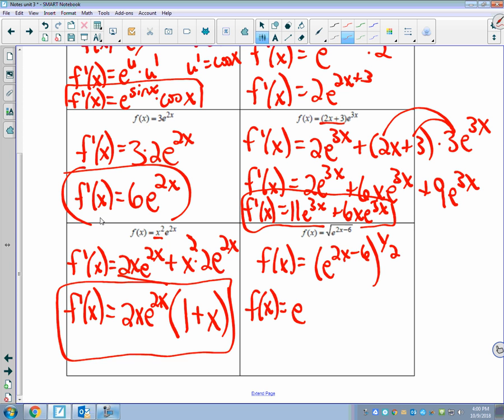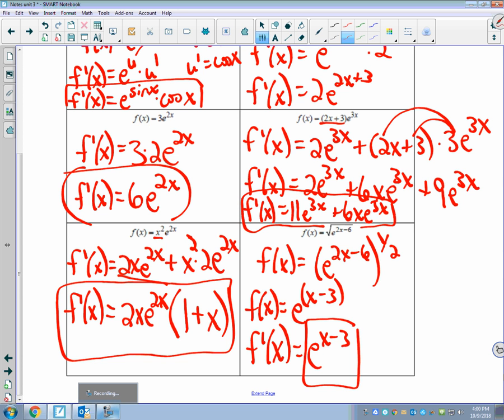If I take 1/2 times 2x minus 6, isn't that just x minus 3? Like that would be my u here. So when I take the derivative now, that would just be e to the x minus 3 times the derivative of x minus 3, which is just 1. So that turned out way better than I planned for it to be.